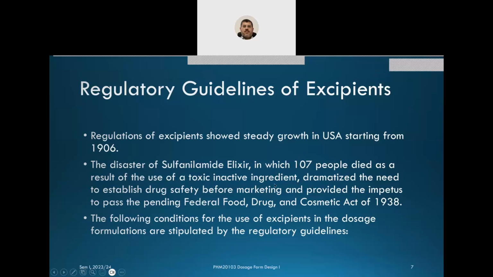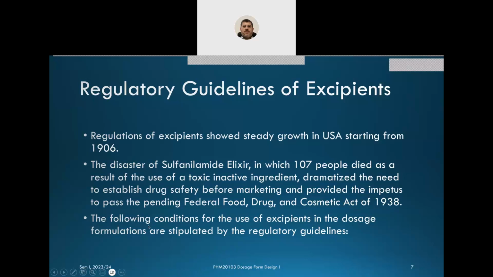So this incident provoked the regulatory bodies and dramatized the need to establish drug safety before marketing. So they put a requirement that the safety of drug products should be proven before marketing the drugs. And this provided the impetus to pass the pending Federal Food, Drug and Cosmetic Act 1938.